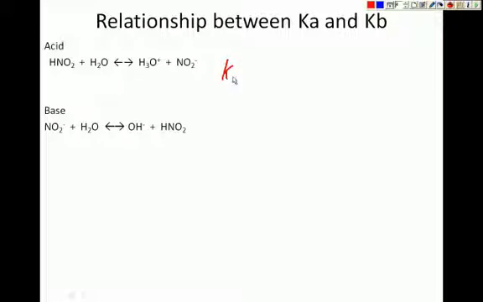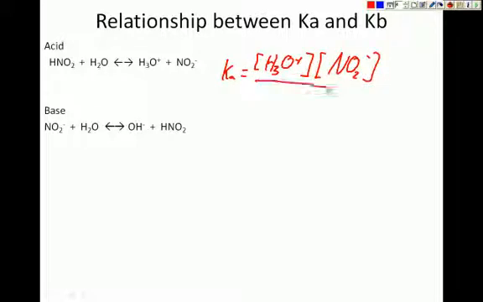So again, Ka is equal to our products over our reactants, or in other words, our H3O+ times NO2-, divided by, again, water is a liquid, so we're not going to use water, and HNO2. So here's our Ka expression, and here's our Kb expression.